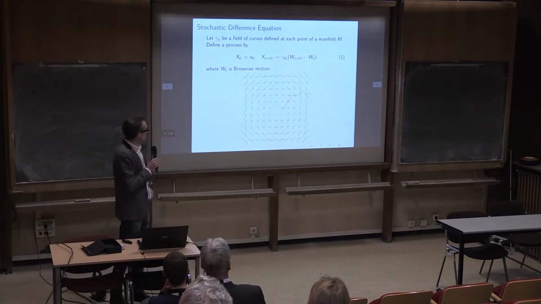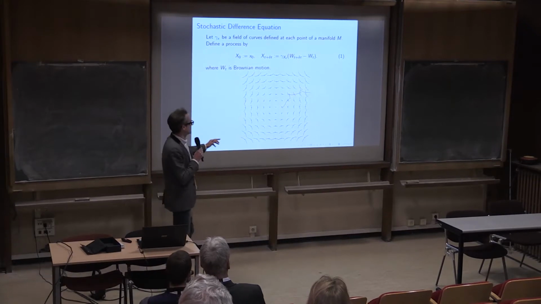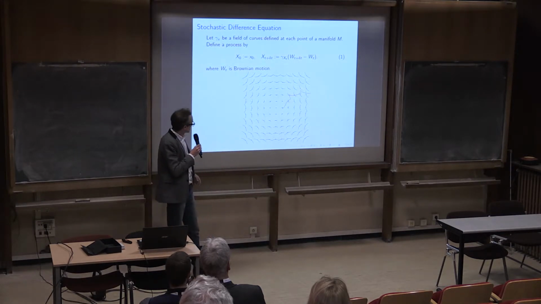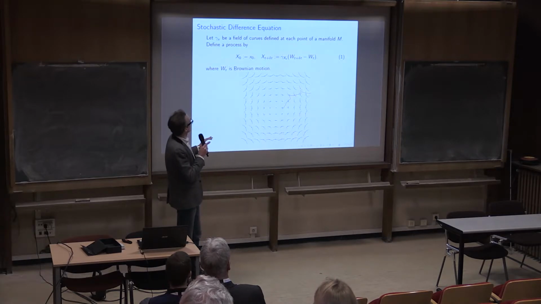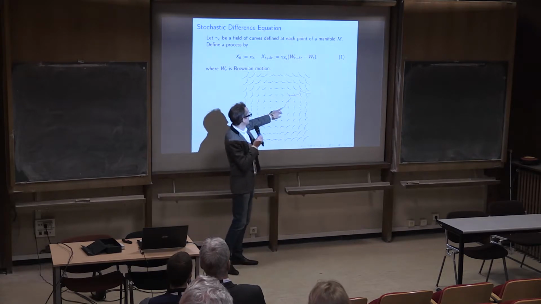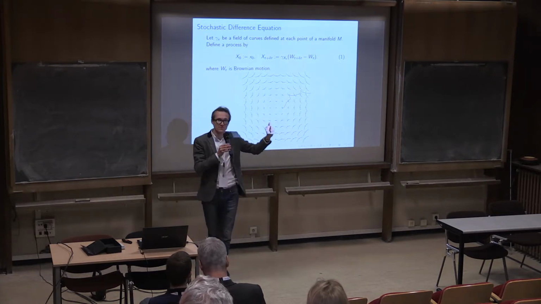Okay, so this slide in itself really summarizes the main idea of the talk, which is that to define a stochastic differential equation, the first thing we do is define a field of curves at every point in the manifold. So here, this is our manifold, and we've got a curve at every single point. And that defines a process, once we're given Brownian motion W, and we start at a given point, and we follow the curve for a length of time given by the change in Brownian motion over a short time interval delta t.